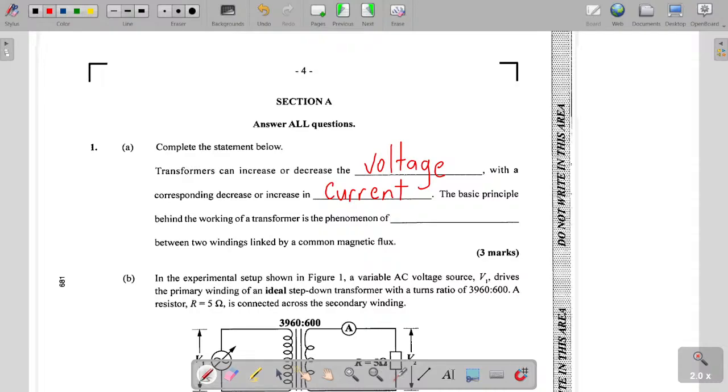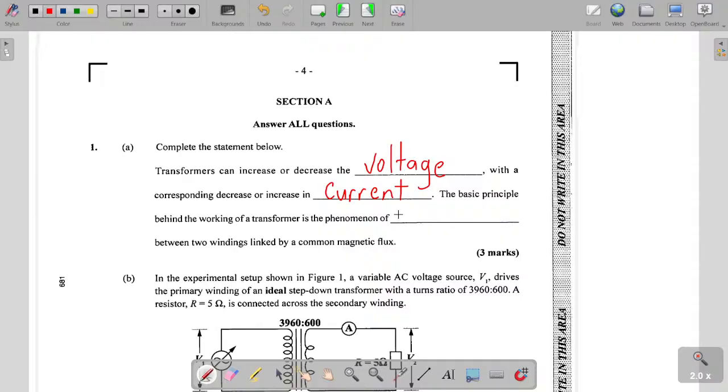Alright, it follows that the basic principle behind the working of a transformer is the phenomenon of electromagnetism, and we talk about electromagnetic induction. So the name of the phenomenon is electromagnetic induction.